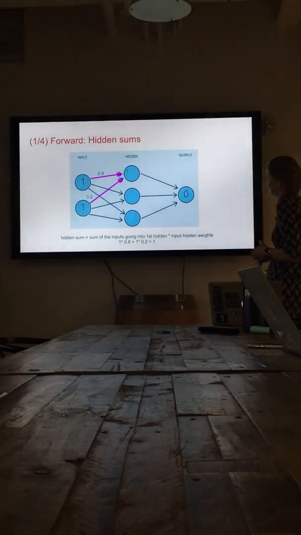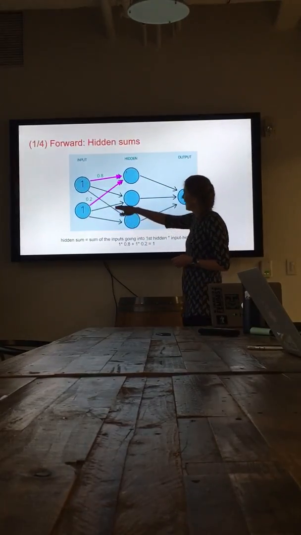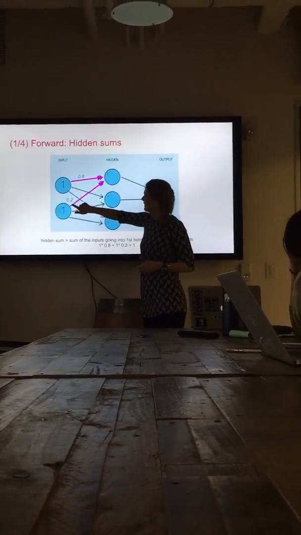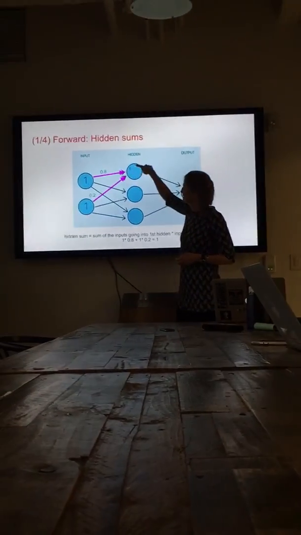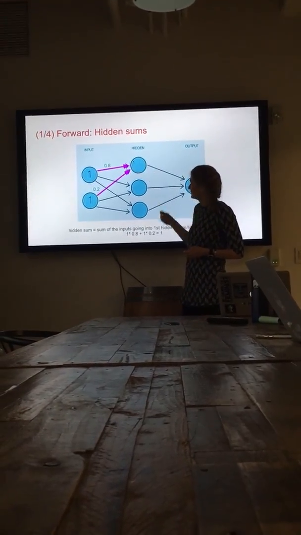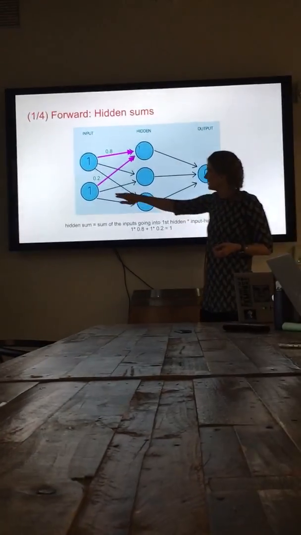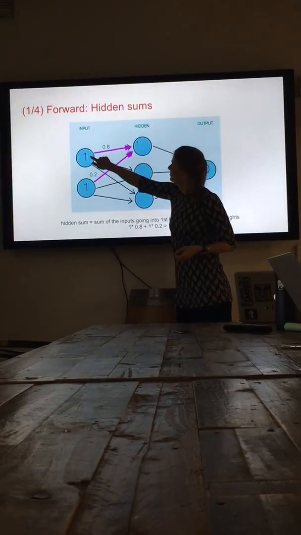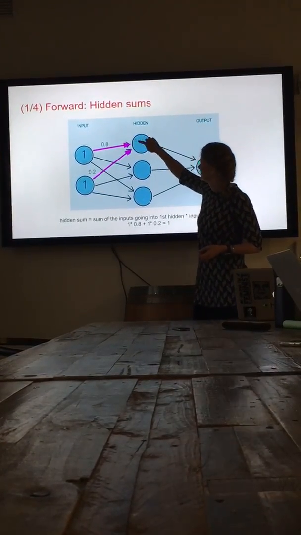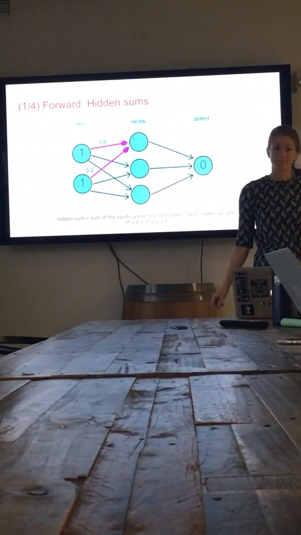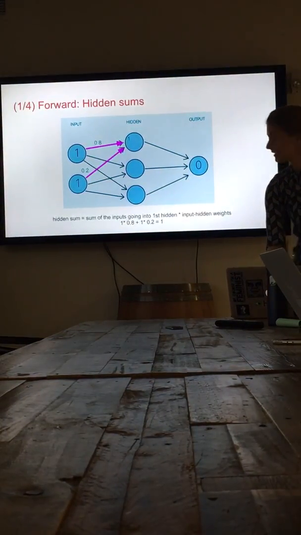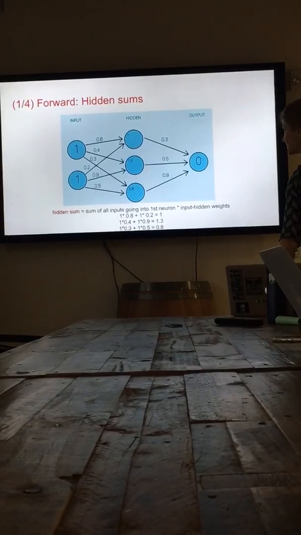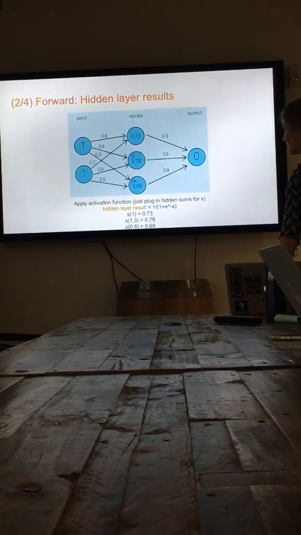So we're looking at these inputs, and these are both leading into this node, or neuron. So we're just going to follow the first equation, which is the input times the weight, and we're adding those. So we're finding what's called a hidden sum. And we're going to follow very similar steps here.